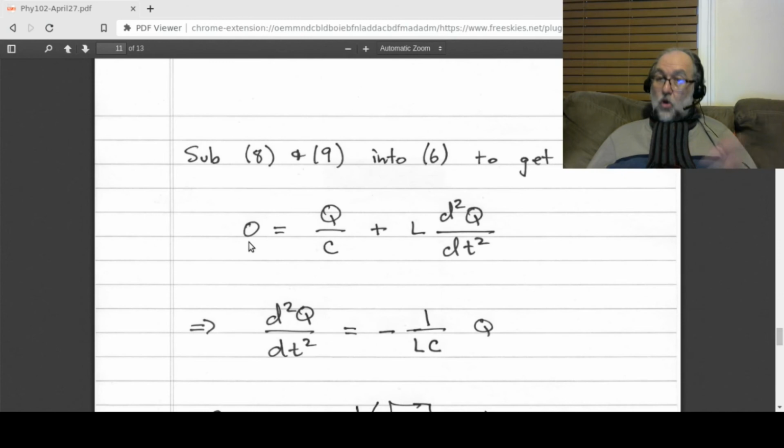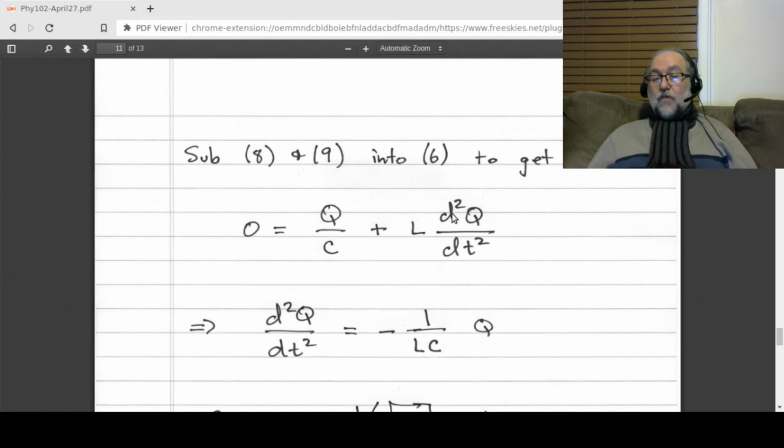We have no battery, so no potential. Here's VC, the potential across the capacitor, and here's VL, the potential across the inductor, but now written not as di by dt, but in terms of the charge, which is d2q by dt squared.